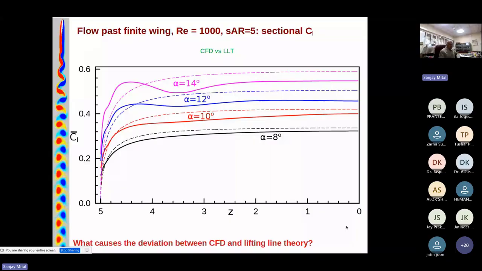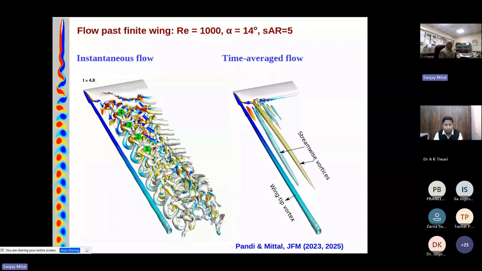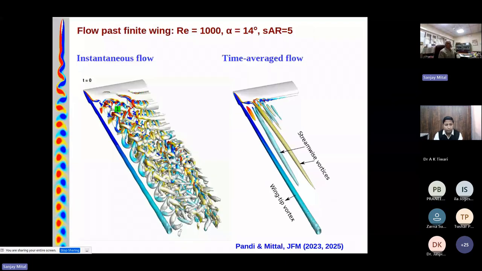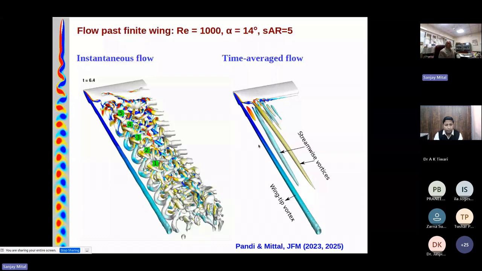So recently we found out that it can give rise to some very surprising deviation from the conventional airfoil theories. So I will not bore you with the details, but if you are interested, you can look at our work in JFM. Okay, some animations just to show you how these linkages travel and produce these streamwise vortices which can affect the flow.